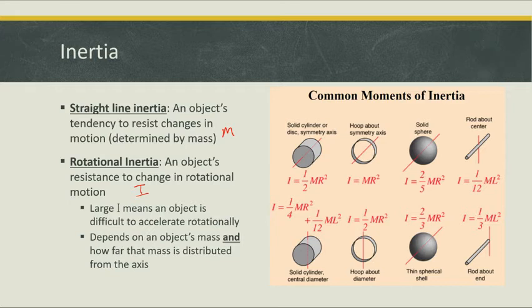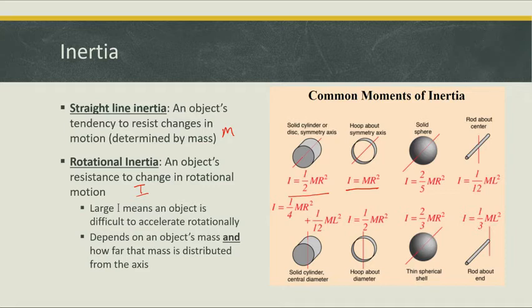So most often we end up using two of these rotational inertias: I equals mr squared and I equals 1/2 mr squared. Now your rotational inertias are going to be provided for you in your textbook, and you do not need to remember all of them by heart.